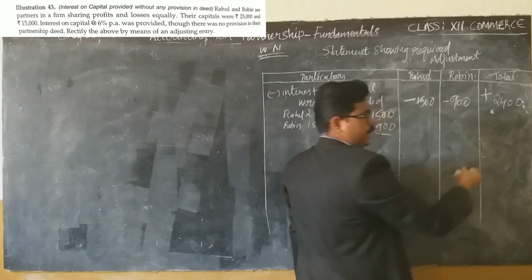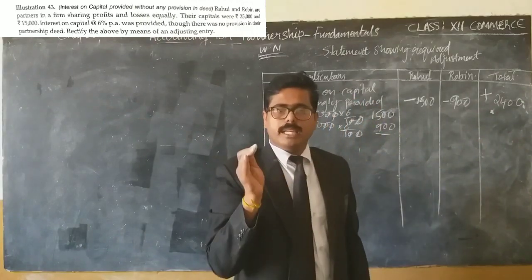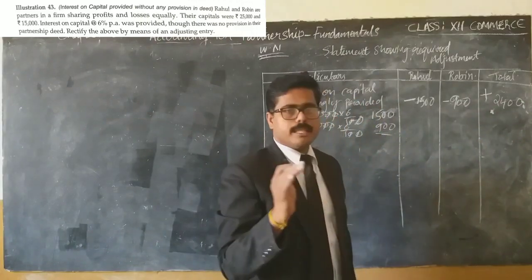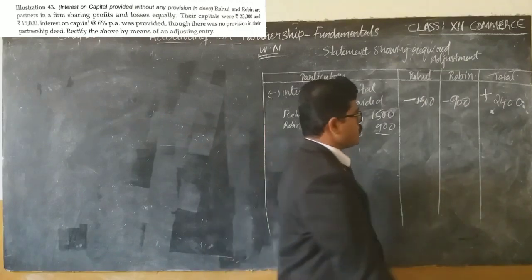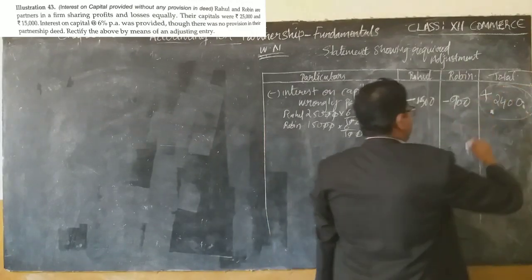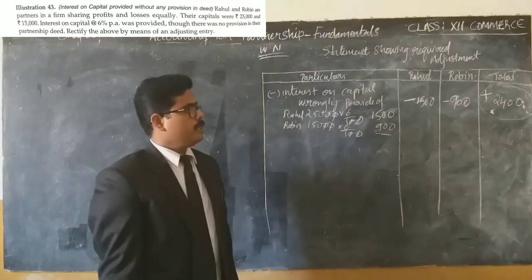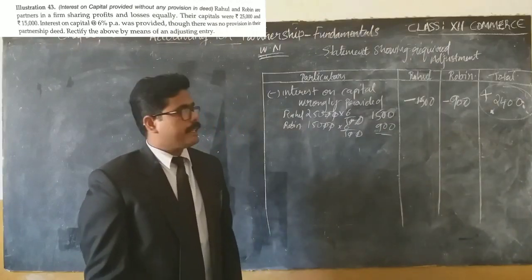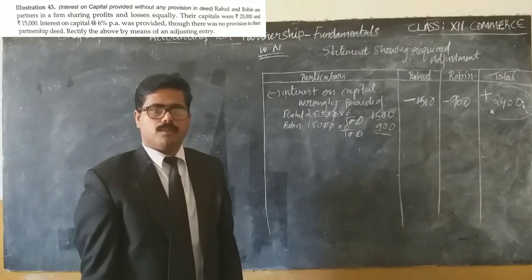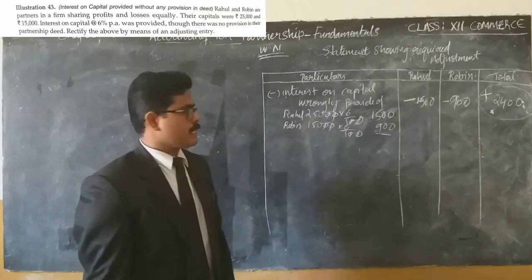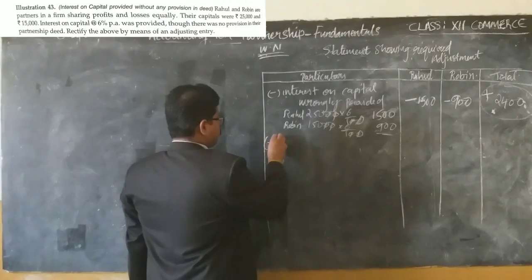The total in our account will be 2,400 rupees. So this 2,400 rupees must be distributed among Rahul and Robin in what ratio? 1:1 ratio. Understand?